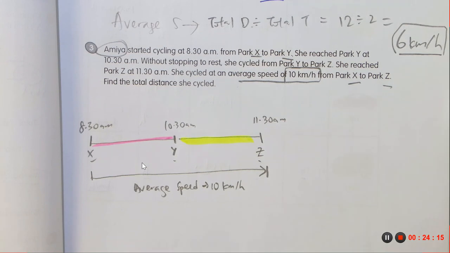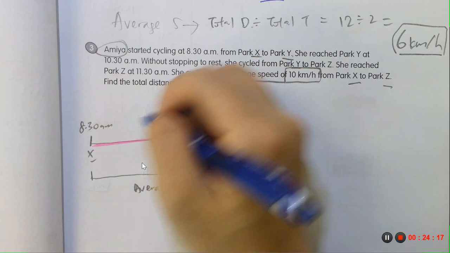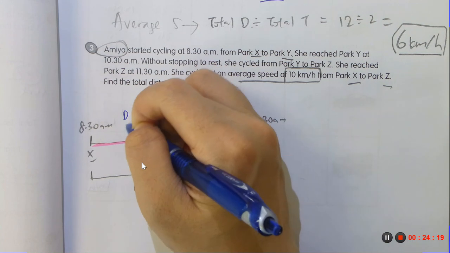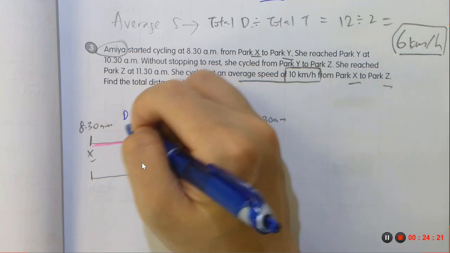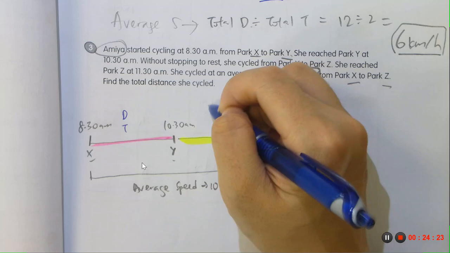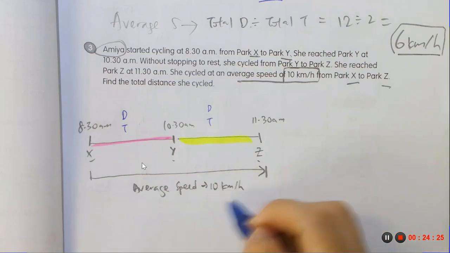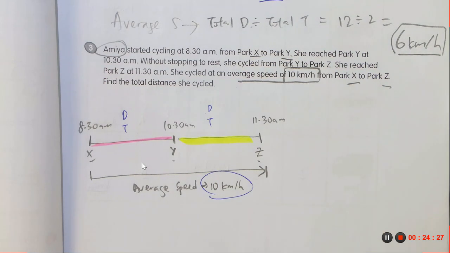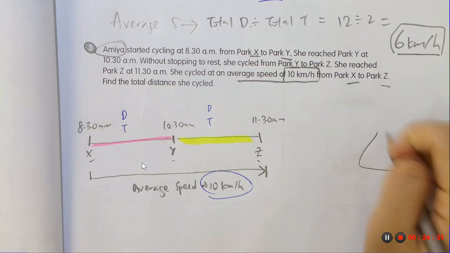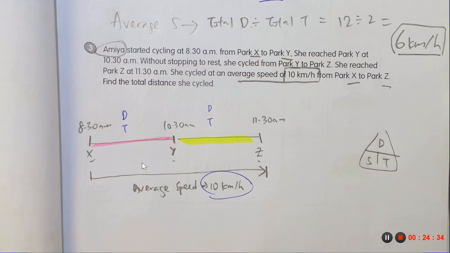So ask ourselves whether we have the distance, whether we have the speed, whether we have the time. We have an average speed here. So I will write my model: speed equals total distance over total time to remind me.